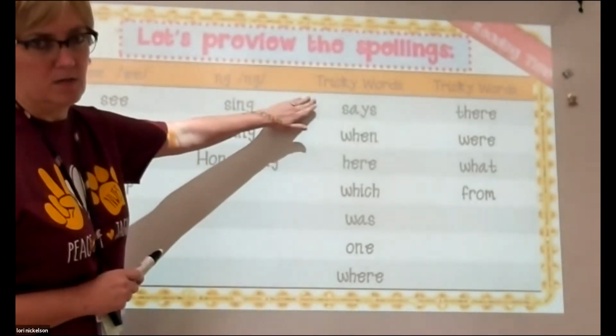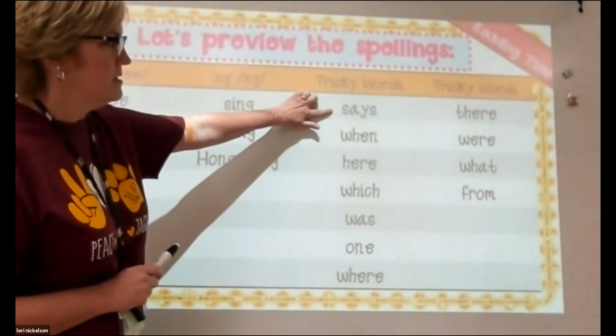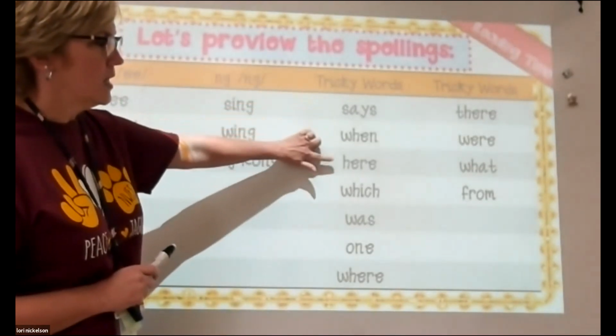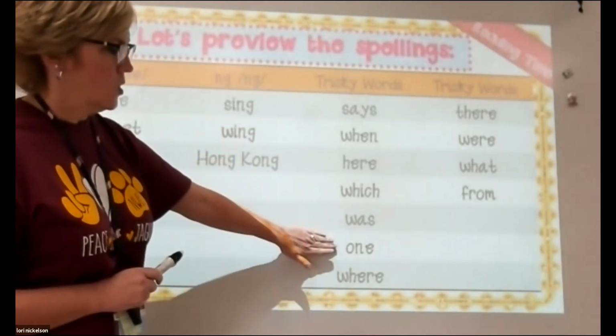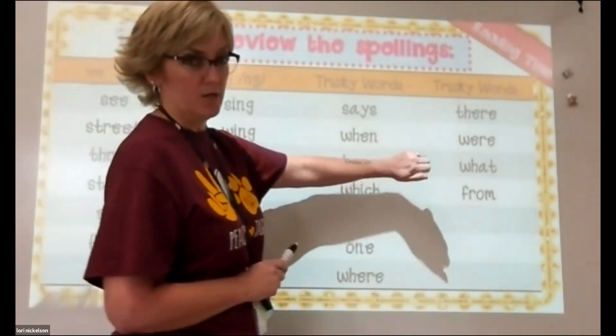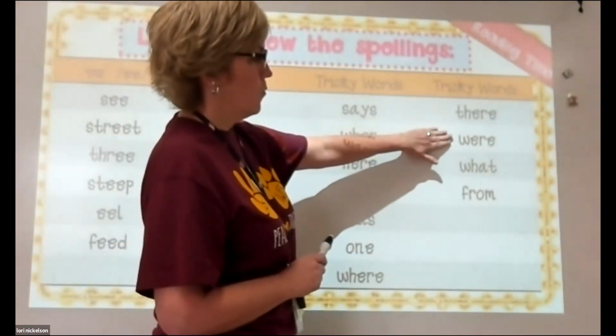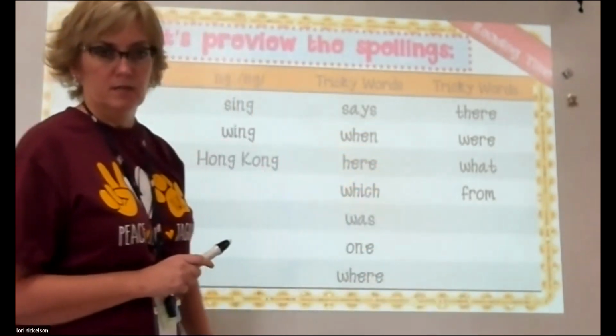Tricky words. Oh, we know lots of tricky words because we've been studying them. Says, when, here, which, was, one, where. More tricky words. There, were, what, and from.